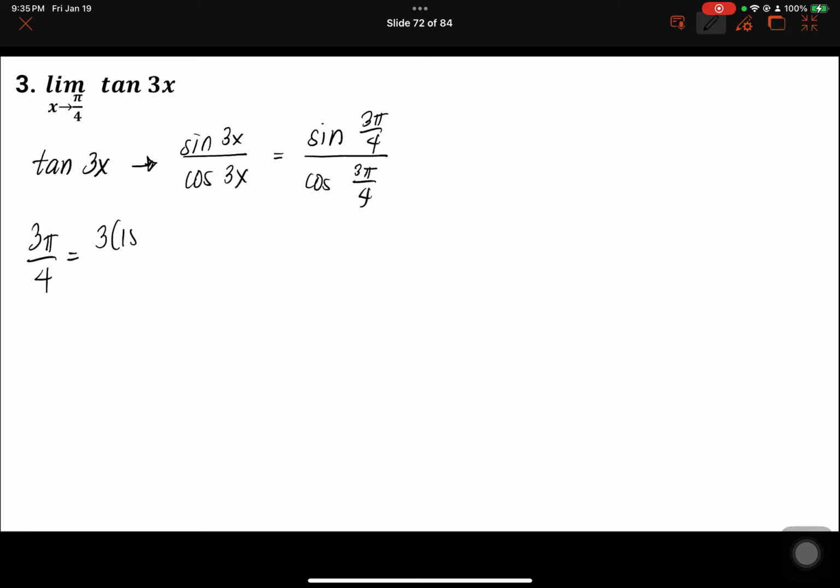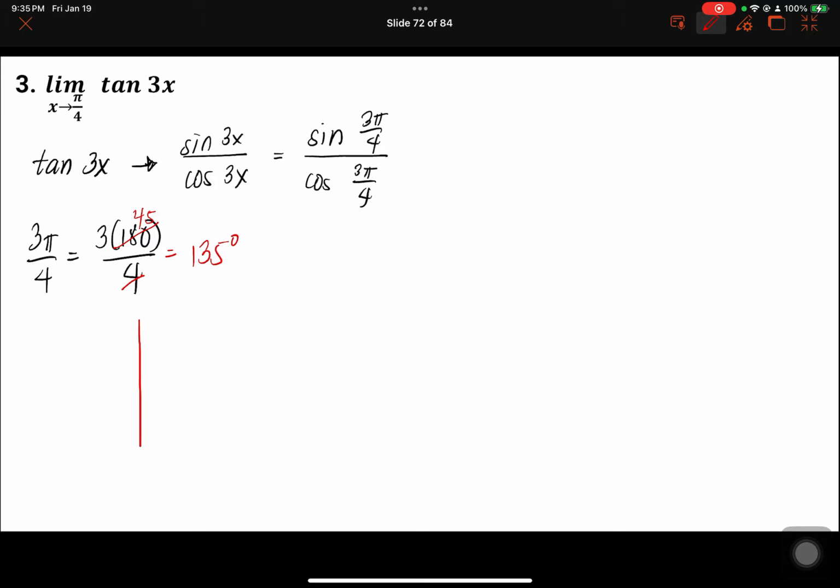So, 3 times 180 divided by 4. Ito ay 180 divided by 4 is 45. 45 times 3 is 135 degrees.